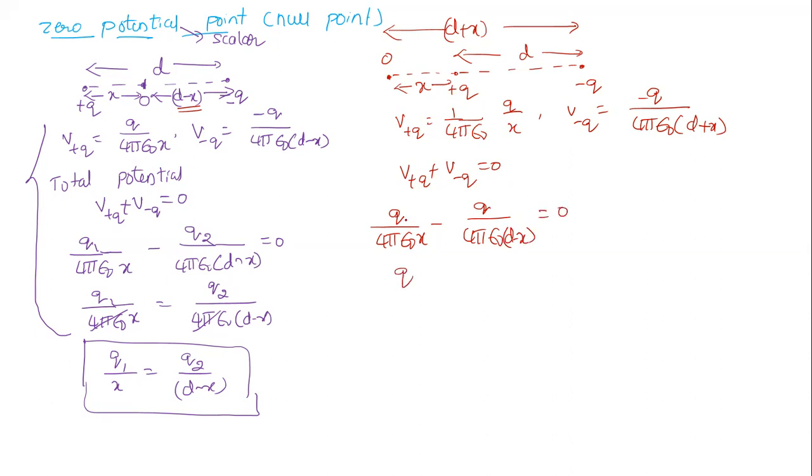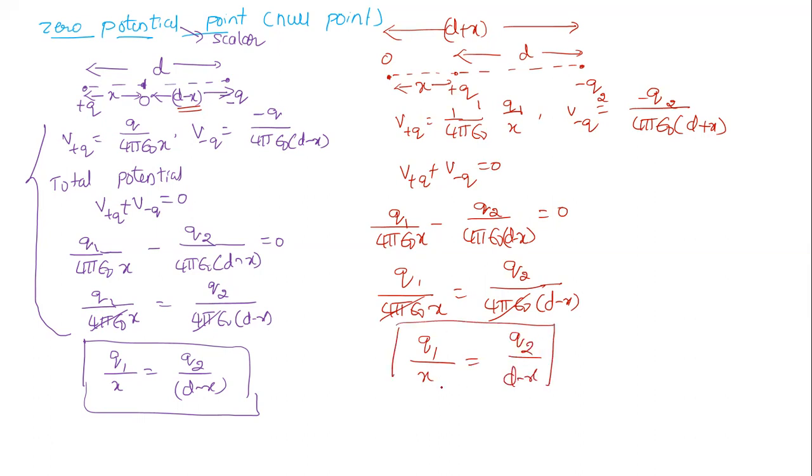So if we simplify this, let us take Q1 and Q2. Q1 divided by 4 pi epsilon naught into X is equal to Q2 divided by 4 pi epsilon naught into D plus X. So now 4 pi epsilon naught cancels, we get Q1 by X equal to Q2 by D plus X. This is one more formula, for when the null point is outside the system.